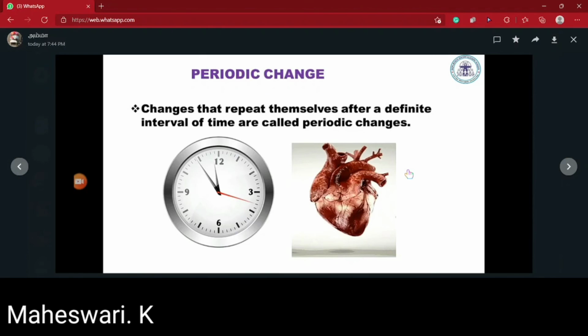The rotation and revolution of the earth, the beating of a heart, clocks ticking every hour, and the motion of the second hand, minute hand and hour hand of a clock are some examples. Every year we observe the seasons change, from rain to winter and winter to summer and so on. This is periodic change.